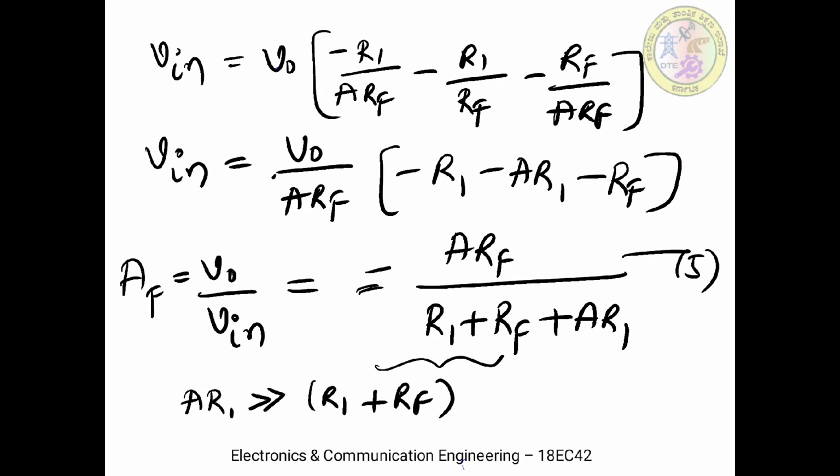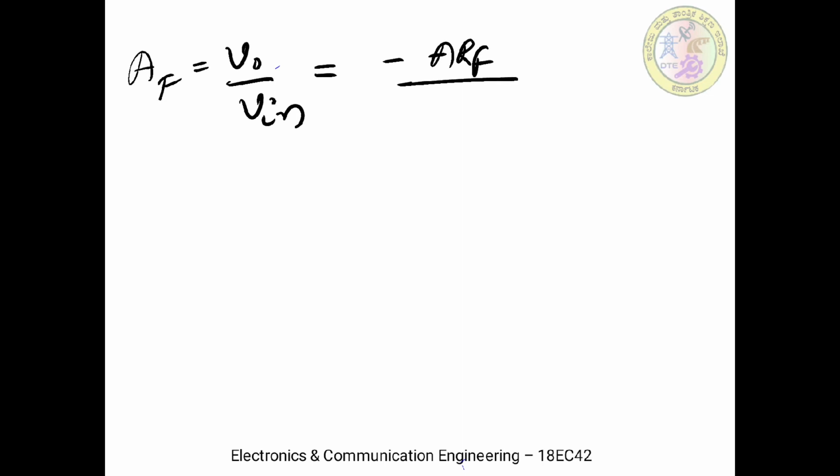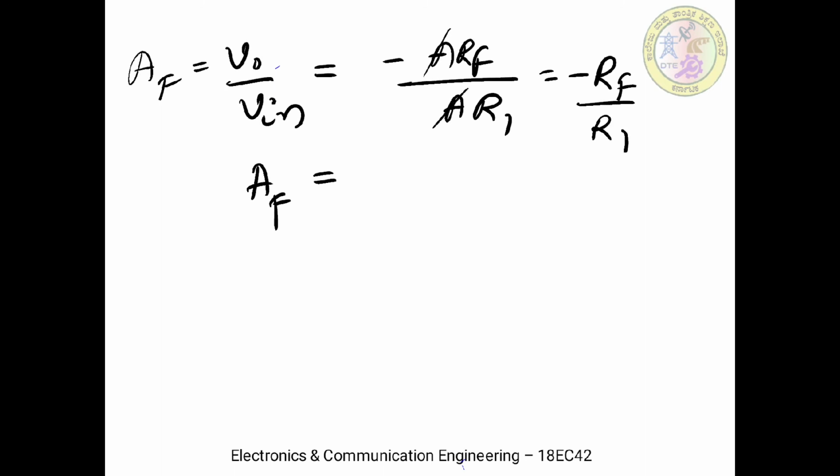By replacing R1 plus RF by simply A R1, we can write AF as V0 by V in equal to minus A RF by A R1. The term A cancels, so we are left with only minus RF by R1. Therefore in the inverting configuration, the closed loop gain AF is simply equal to minus RF by R1.